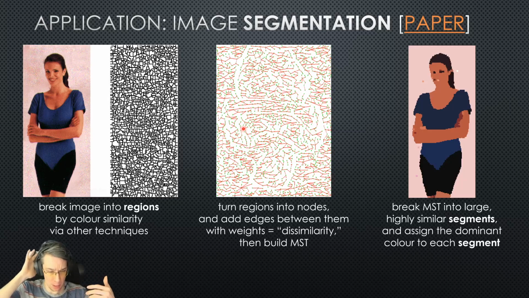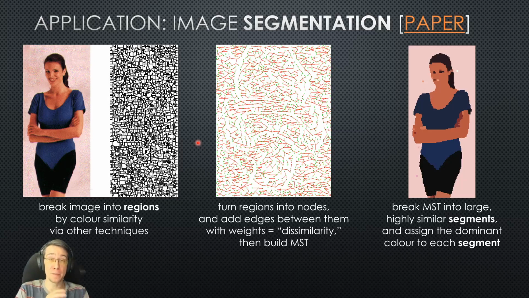Well, how does that work? Well, the edges between these regions are going to have weights that are related to the dissimilarity in color between the regions. So if I have an edge between two neighboring regions and their colors are quite different, it'll be a very expensive edge, a heavy edge. And if I have an edge between two regions that have very similar colors, it'll be a very light edge.